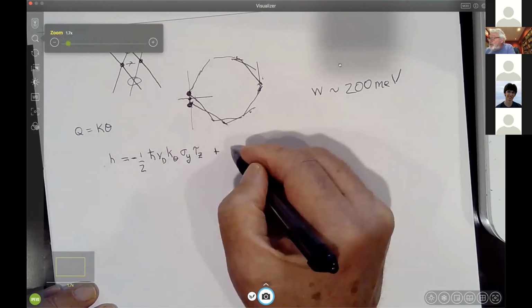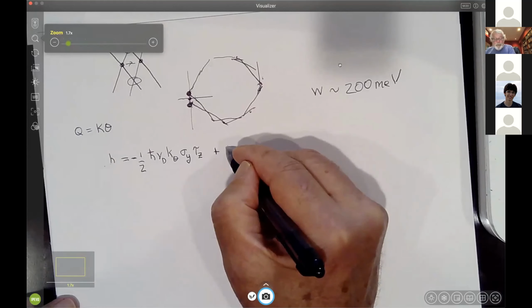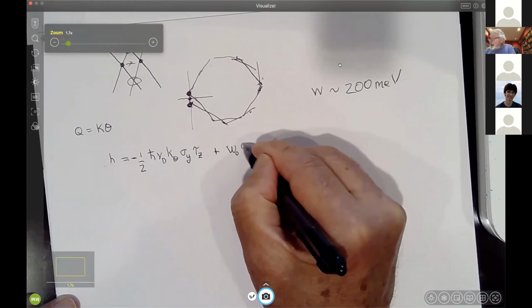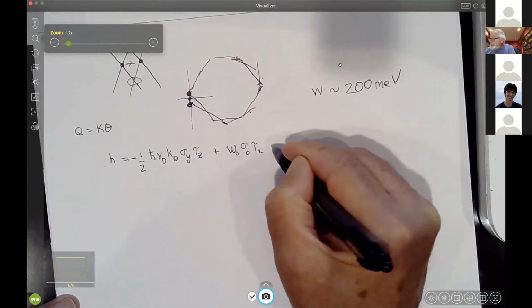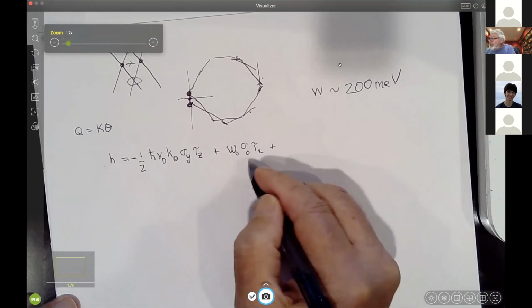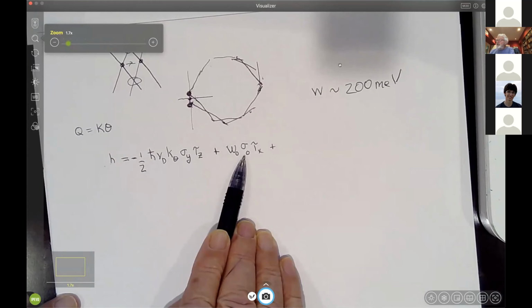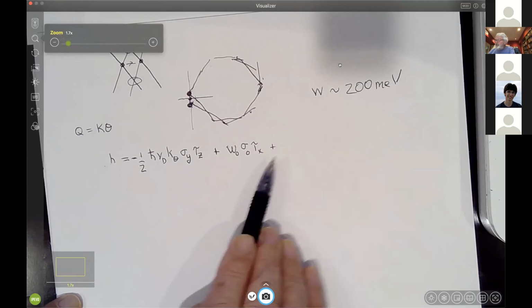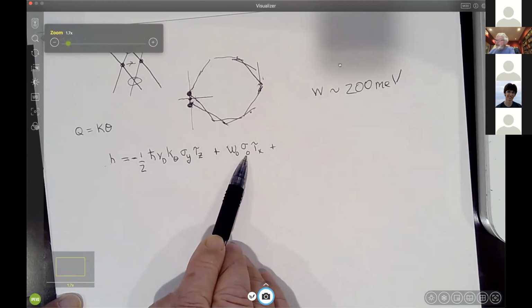And it turns out that for this momentum, you can show that the sublattice dependence of the interlayer tunneling has a part that is diagonal in sublattice. So this is sigma operators act on sublattice, tau operators act on layer. So this is an interlayer tunneling term in the Hamiltonian that's sublattice independent.